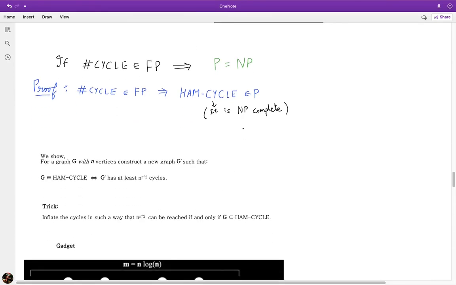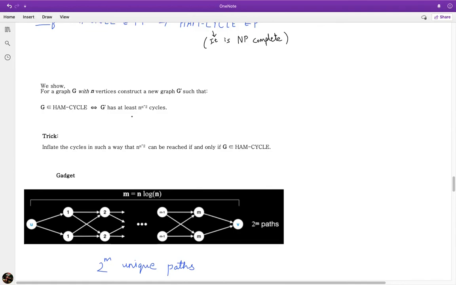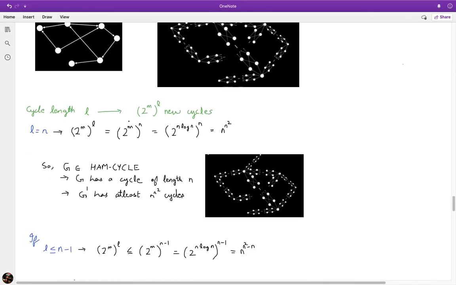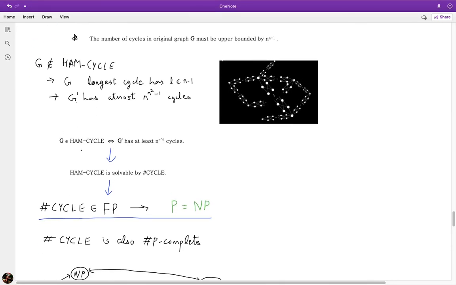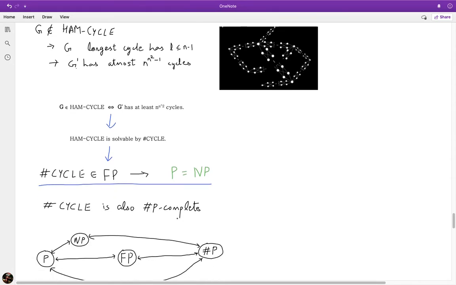To do that, we showed if this would be the case, it would imply Ham cycle, which is NP complete, would belong to P, and we used the trick of creating a new graph G dash in such a way that this property would hold, and we showed that this is indeed the case.